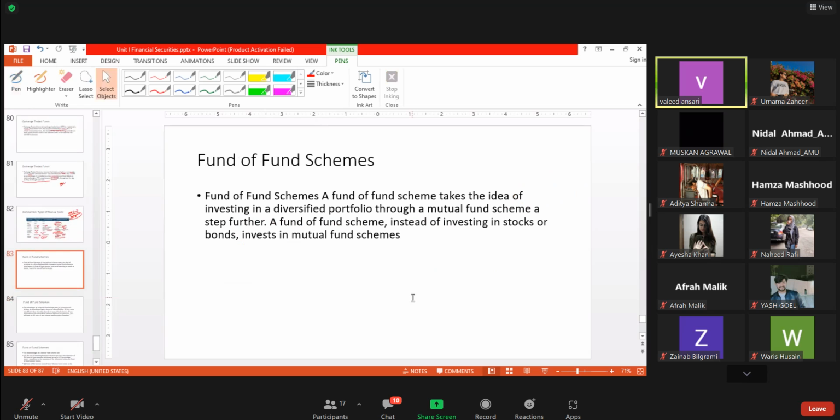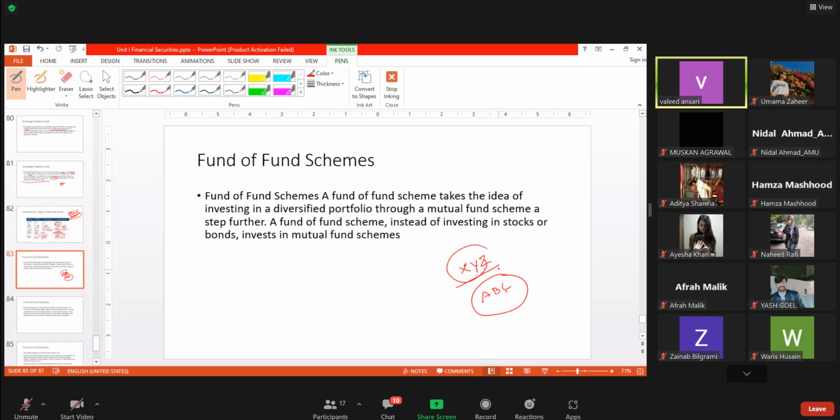Now, one type of fund is also there, which we know as funds of funds. As I told you, a mutual fund always provides the benefit of diversified investment. But let us say XYZ mutual fund makes an investment in ABC mutual fund, and this mutual fund is making an investment in another mutual fund.